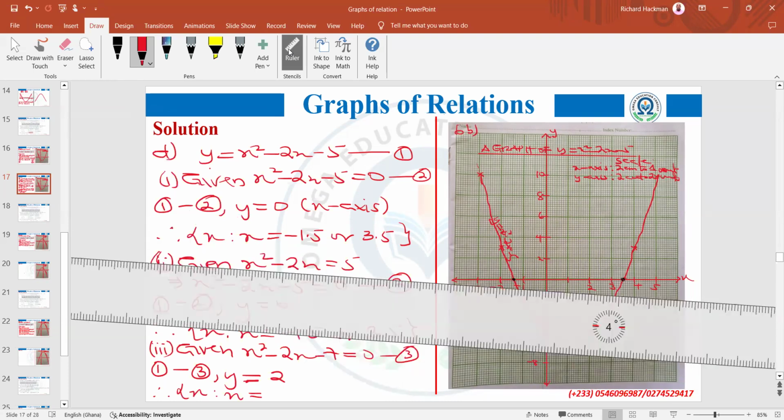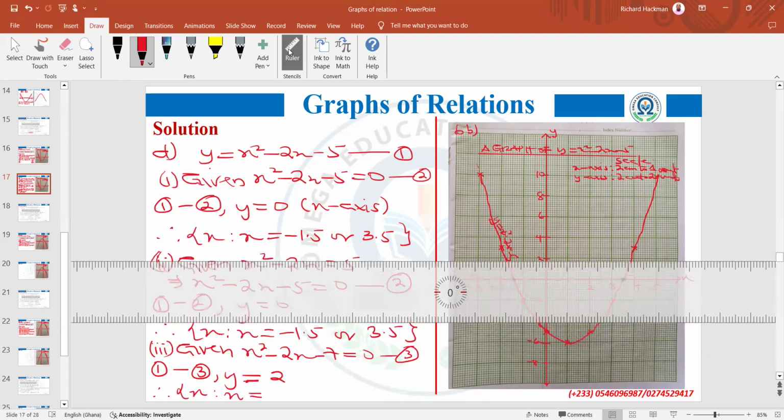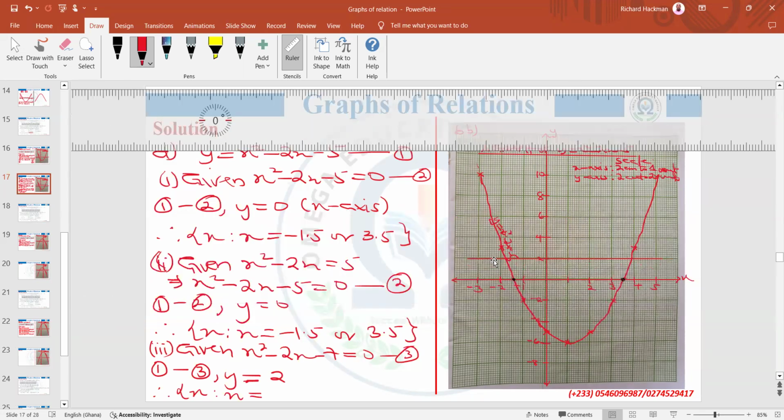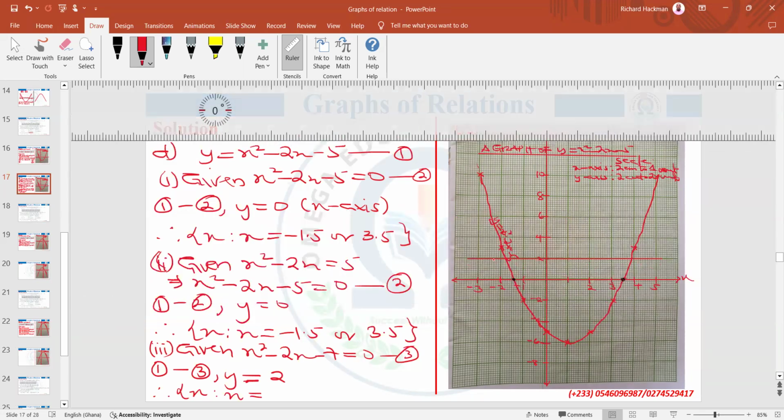So you just take your straight edge and draw a line through y at 2. That's exactly what I'm also going to do. As you can see, I'm drawing my line. Any line drawn must be labeled just as the curve. So this is the line y is equal to 2. Is that clear?